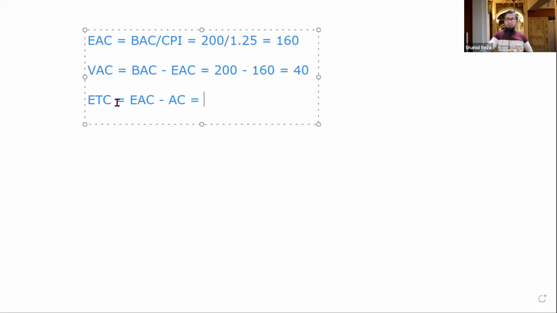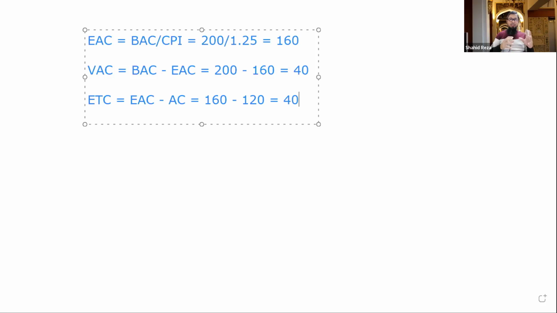As per our performance, from now, how much additional money we need to complete the project. So 160 is the new budget, and already we have spent $120 actual cost. So we will need another $40 in this current scenario. In this current performance, we need only another $40 to complete the project. So that is known as ETC, estimate to complete.